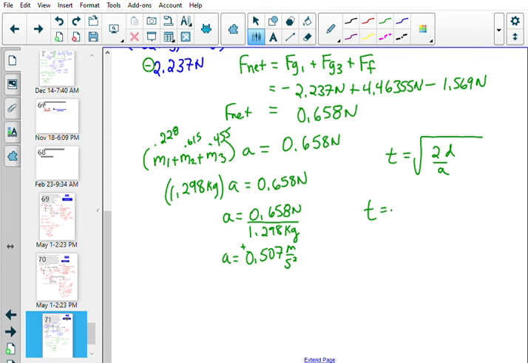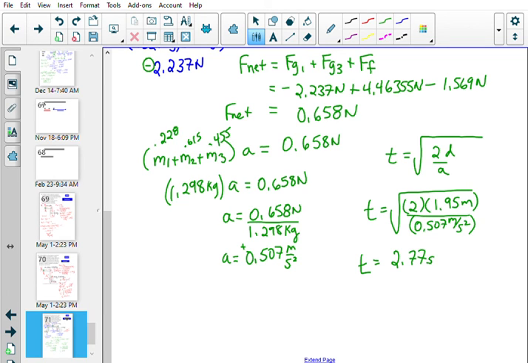If you remember from what we wrote down at the beginning, you have 2 times the distance, which was 1.95 meters, and now you're dividing by this acceleration of 0.507 meters per second squared. So if you do 2 times 1.95, divide by the 0.507, don't forget to take the square root. The answer should be 2.77 seconds as the time it takes to hit the ground.